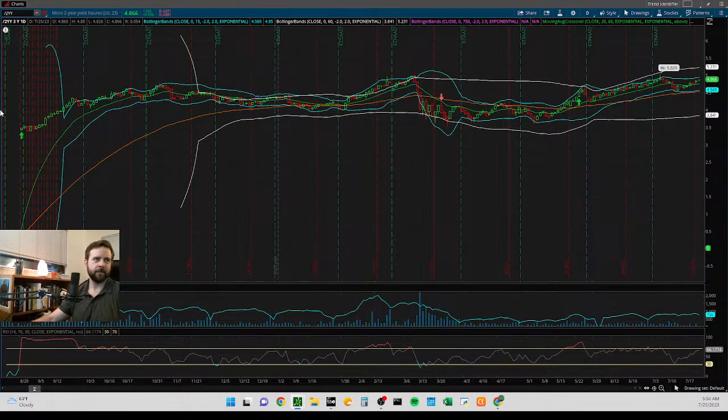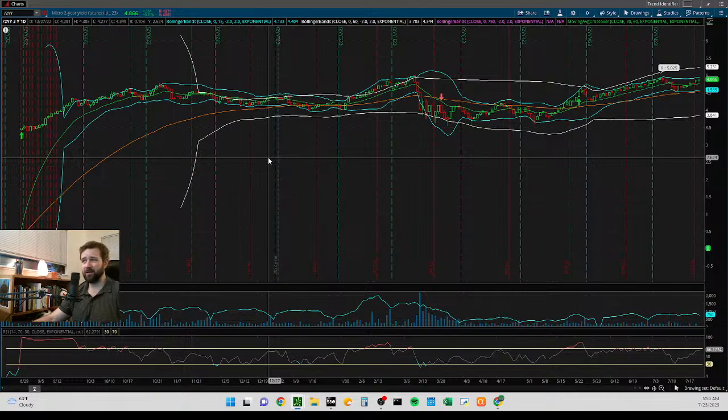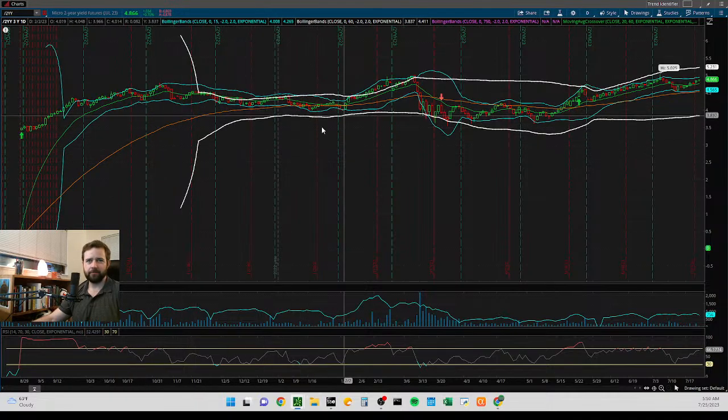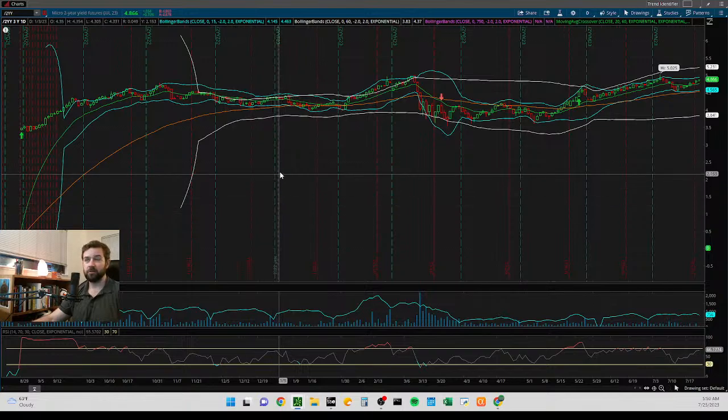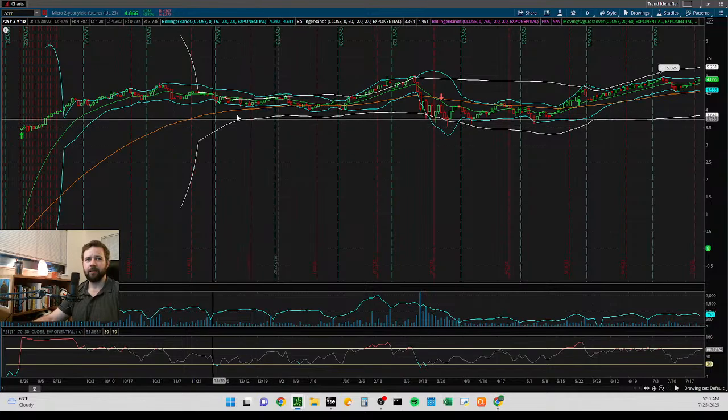I'm guessing /2YY is a relatively recent index or ticker, or whatever Thinkorswim classifies. Maybe it's a futures. Yeah, so it's taken a while for them to get a 2-year yield chart, but they've got one finally.